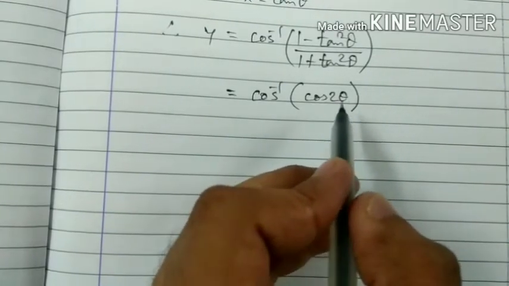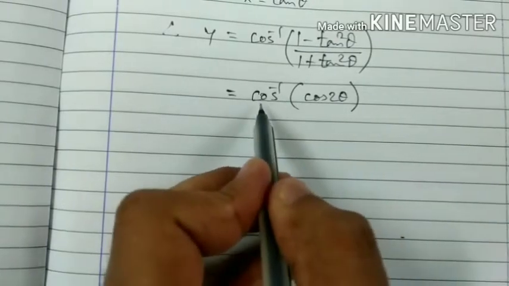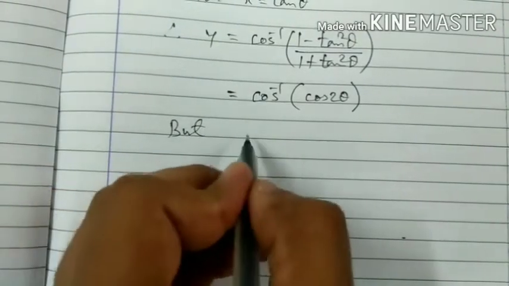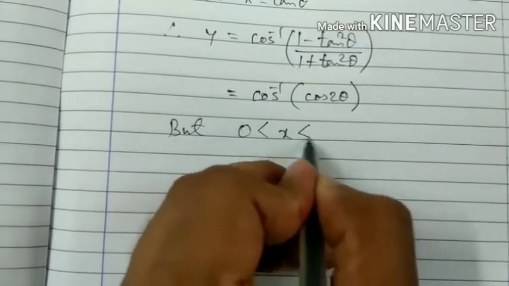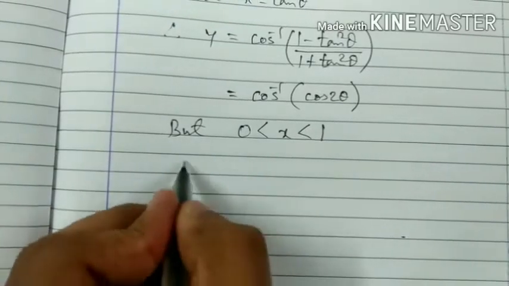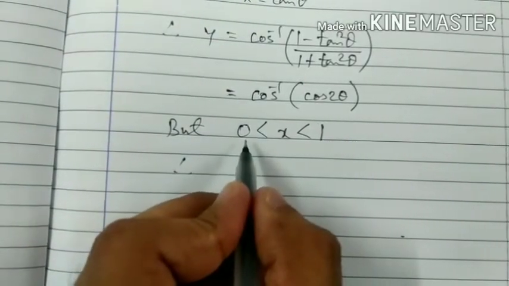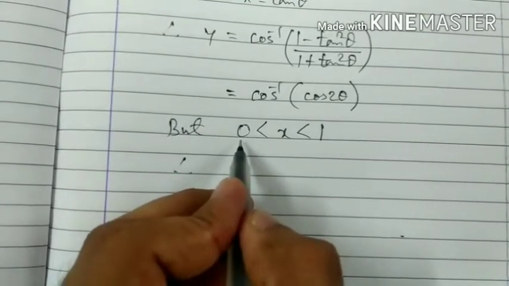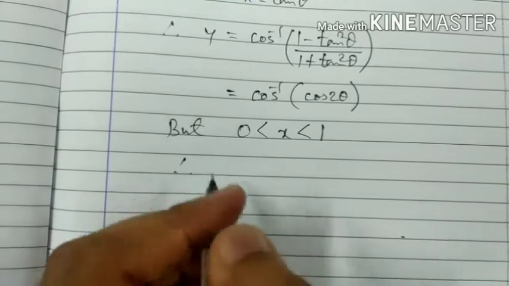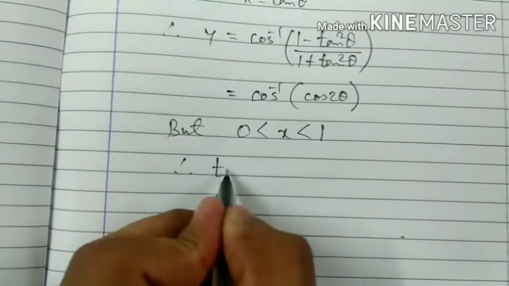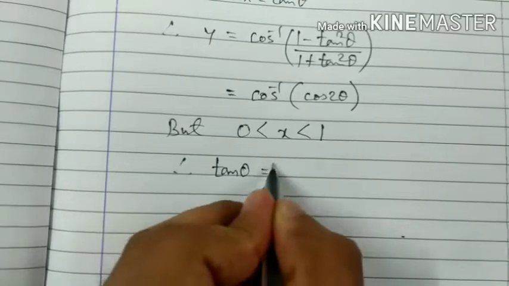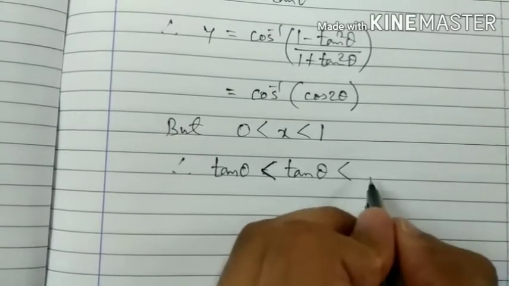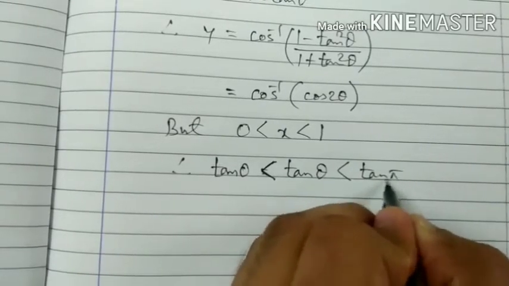But first you have to show that 2 theta lies in the range of cos inverse, and for that the given condition is 0 less than x less than 1. This was the condition given. Now writing tan value in all the terms, we know tan 0 equals 0, so for 0 we can write tan 0, for x we can write tan theta, and for 1 we can write tan pi by 4.